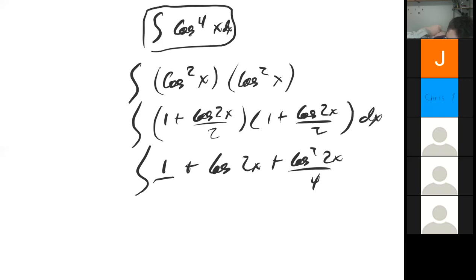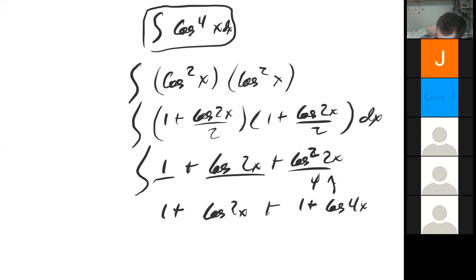Okay, you can integrate this, you can integrate this. This one you don't know how to do yet, so you have to lower the power again. This gives you 1 plus cosine 2x plus 1 plus cosine 4x. The 1 is the 1 not divided by 2?